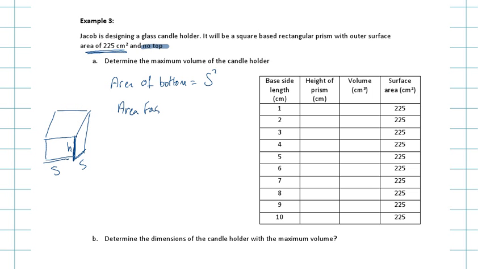It would be 4 times S times H. So S times H, and I have 4 of that same side, so it will be 4SH. So the surface area of this whole thing without the top is S squared plus 4SH.